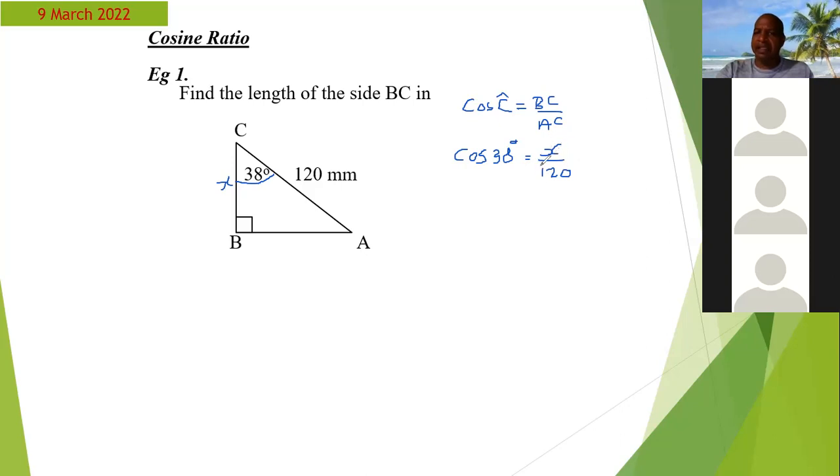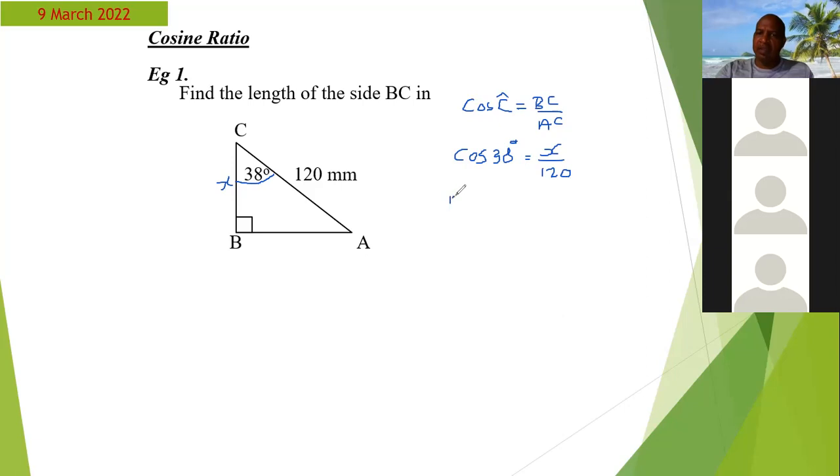On the right hand side, we realize that it's being divided by 120. So that 120, we want to get it to the other side. But we have to look at what the 120 is doing to the X. Whatever it is doing to the X on the right-hand side, we use it to do the opposite on the other side. On the right-hand side, the X is being divided by 120. On the left-hand side, we're going to multiply it. So we are now going to use the 120 on the left-hand side.